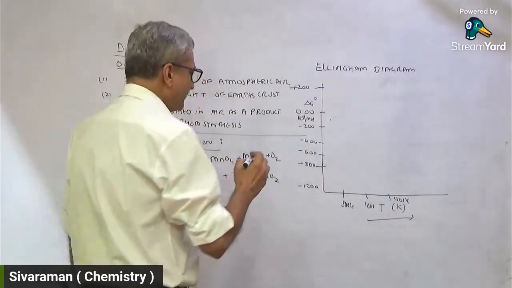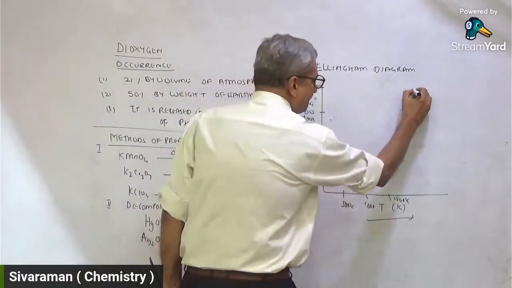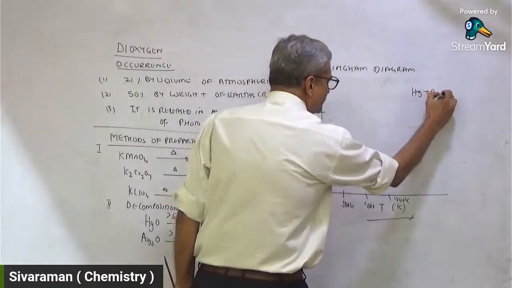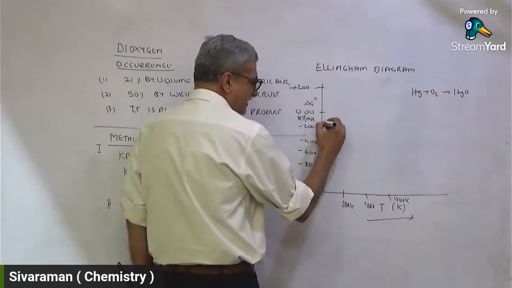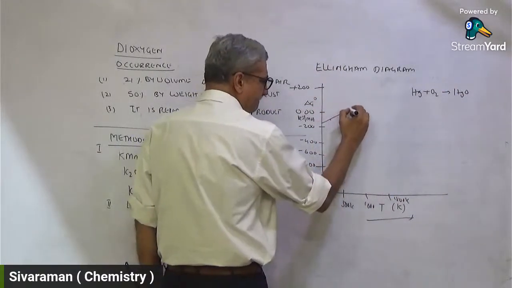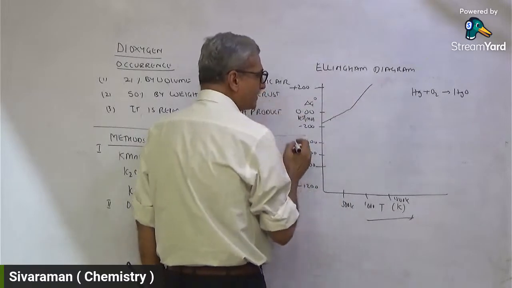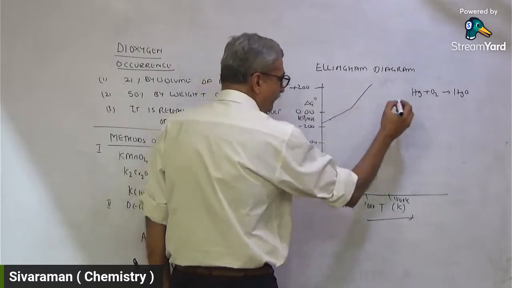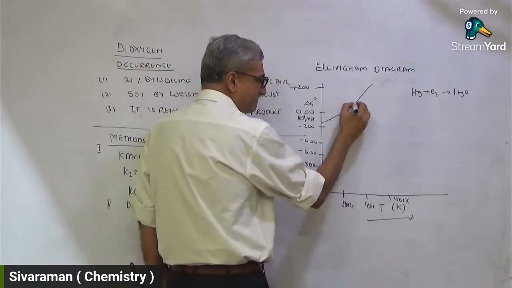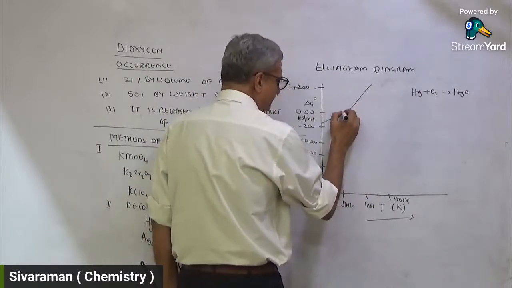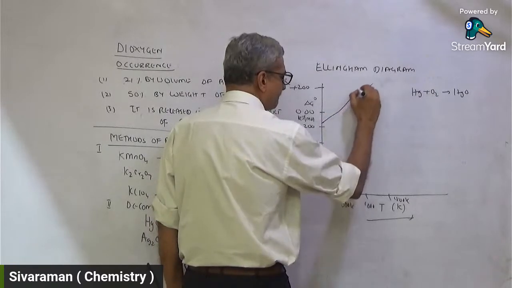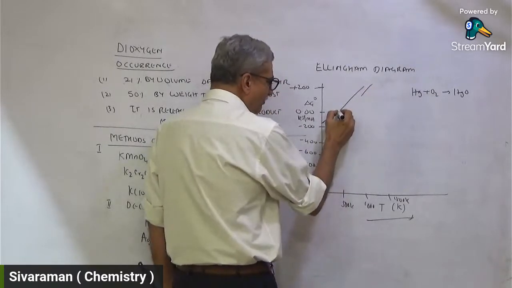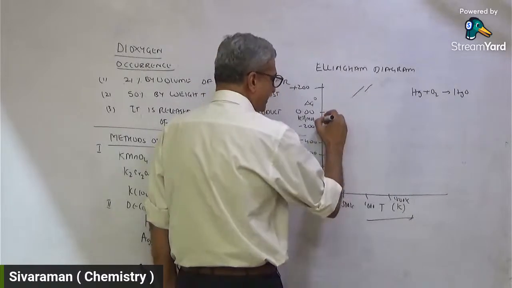What is the reaction we are talking about? Hg plus O2 forms HgO. So it started something like this. So in the forward reaction, I'll make it a little sharper. It should be much sharper because 500 Kelvin we are saying. Right?